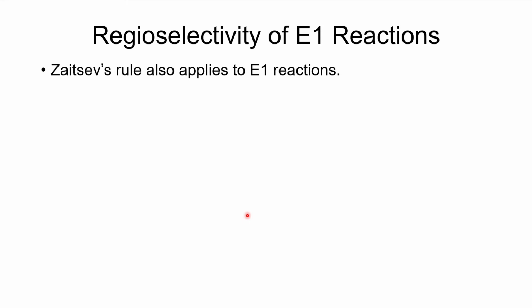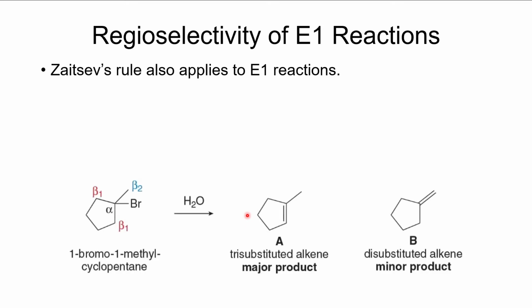Regioselectivity, we'll find that Zaitsev's rule also applies to the E1 reaction. So more substituted alkyl halides will give us products that are more substituted alkenes. So here we've got two possibilities as far as the alkenes.